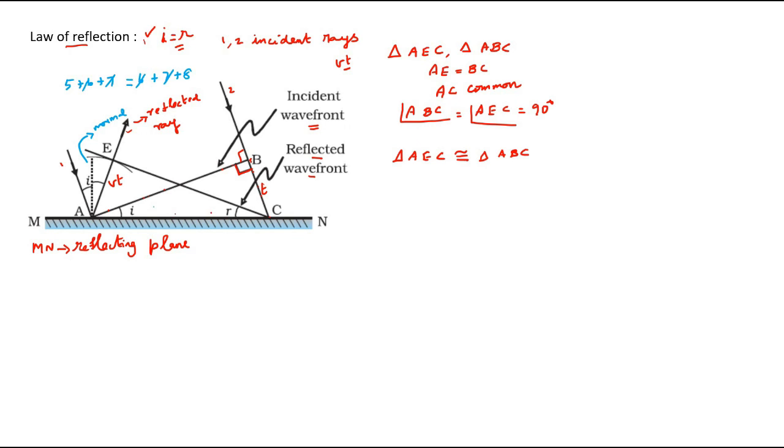This angle R belongs to triangle AEC, and I belongs to triangle ABC. R is equal to I. So I is equal to R. Hence the proof.